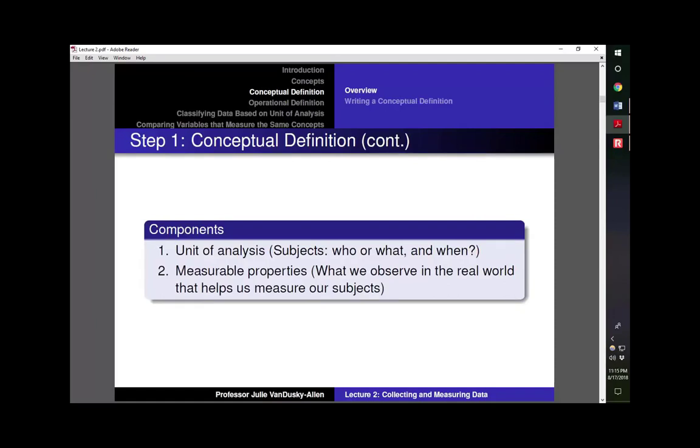A conceptual definition first includes the unit of analysis. The unit of analysis tells us who the concept applies to. Is it individuals, is it parties, is it countries, or is it pairs of countries? It also tells us where they exist and when they exist. The conceptual definition also identifies a concept's measurable properties that we can observe in the real world.